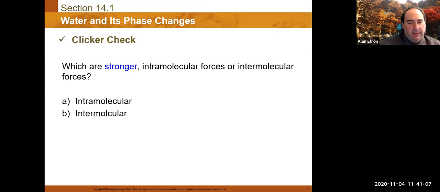So which are stronger, intramolecular forces or intermolecular forces? And we're going to talk about some of the differences between those. Just to give you an idea of what these mean, intramolecular force means within the molecule. So that is the force that holds an individual molecule together. An intermolecular force is a force that holds 2 molecules together.